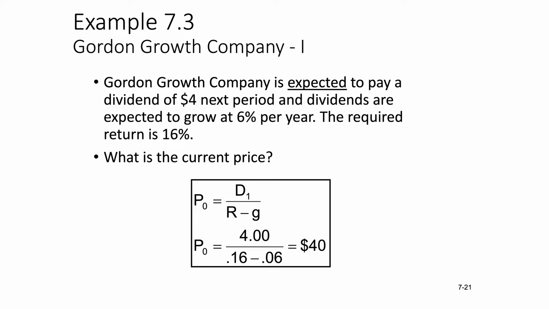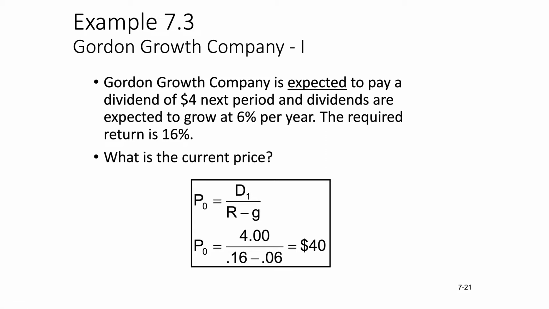How much will you pay for this stock? The most important thing is: is the $4 D0 or D1? This is implied, the expected next dividend. So it is D1, and we use this formula instead of D0 times 1 plus G. And the value for that stock is $40.